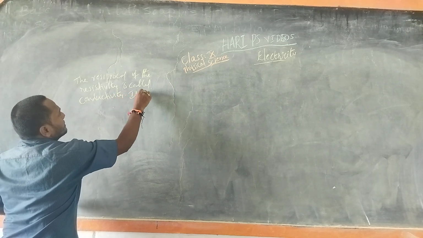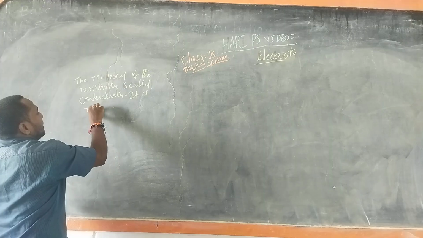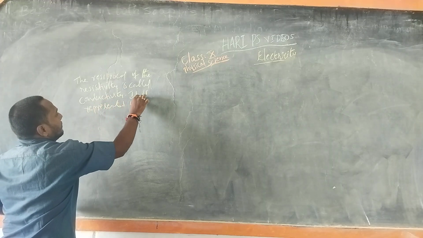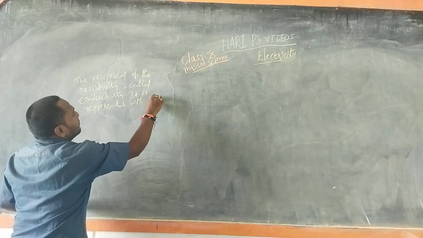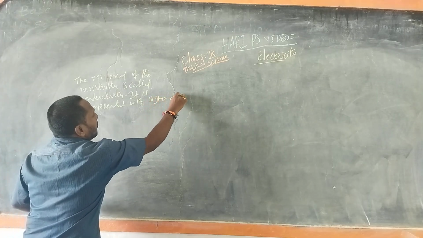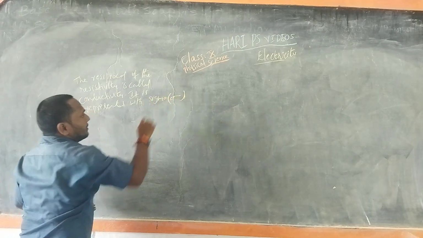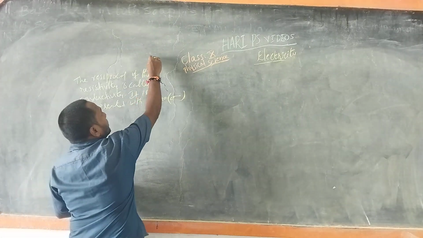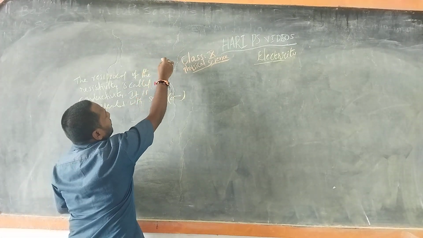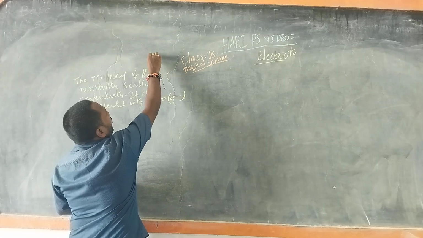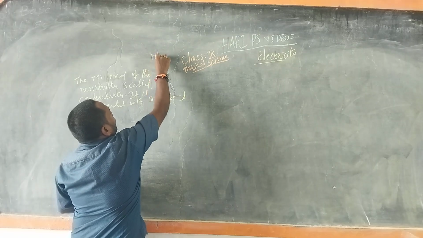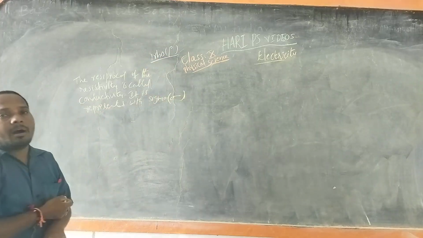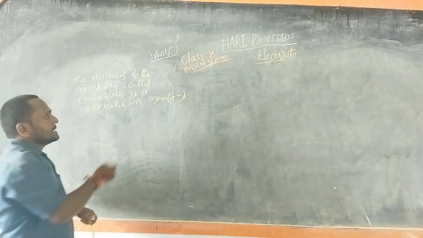It is represented with a symbol called sigma, whereas the resistivity is represented with the symbol called rho. Rho is the symbol of resistivity.